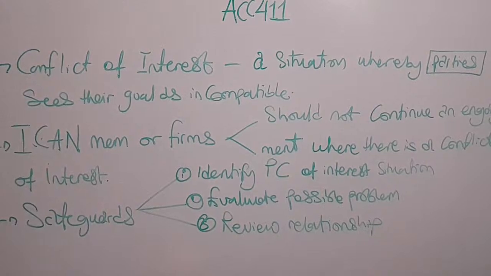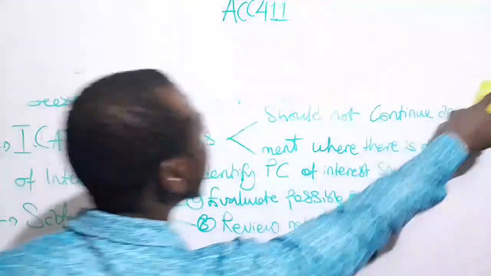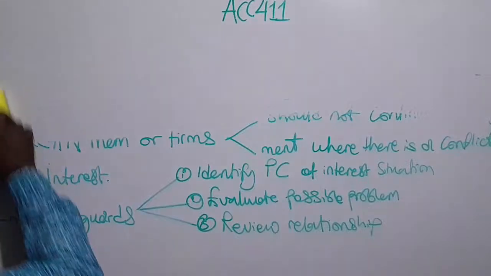So let's see the legal position of the auditor. Now, we are still talking about conflict of interest. So let's go straight ahead to the legal position of an auditor.